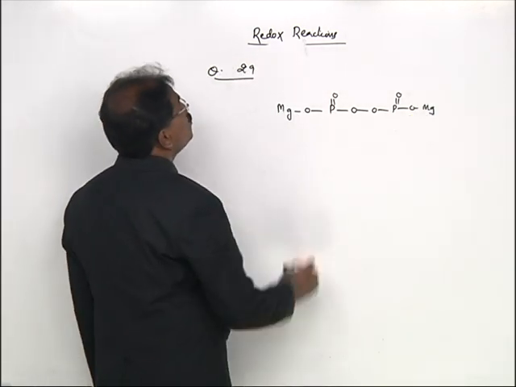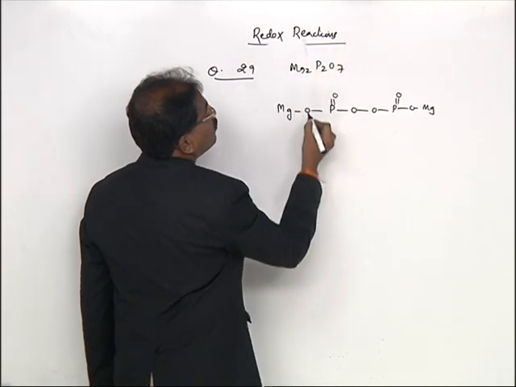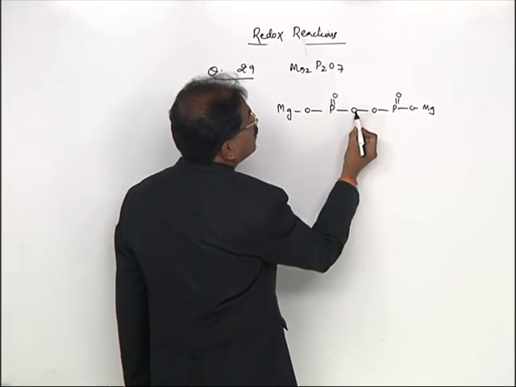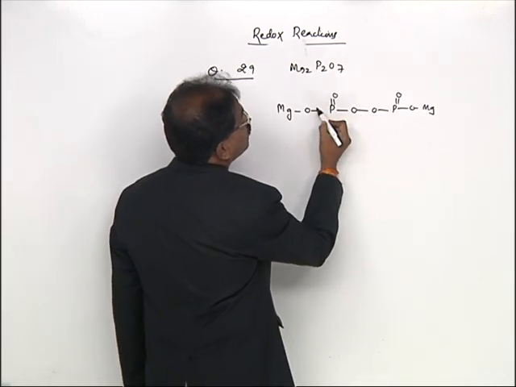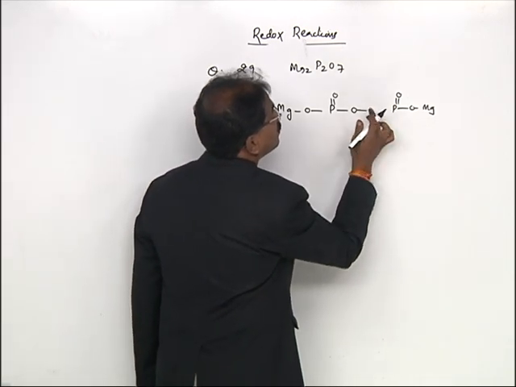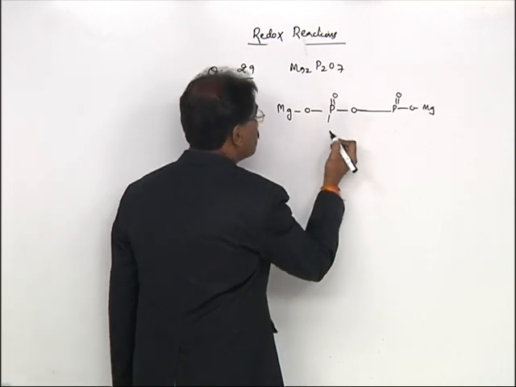Here in Mg2P2O7, we see 2 magnesium atoms, 2 phosphorus atoms plus 7 oxygen atoms. Here 2 plus 4, 6.